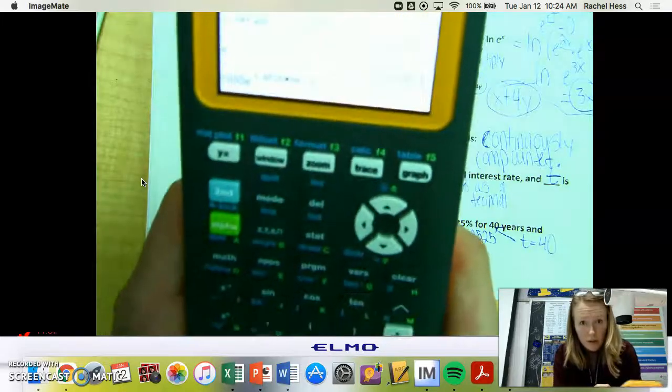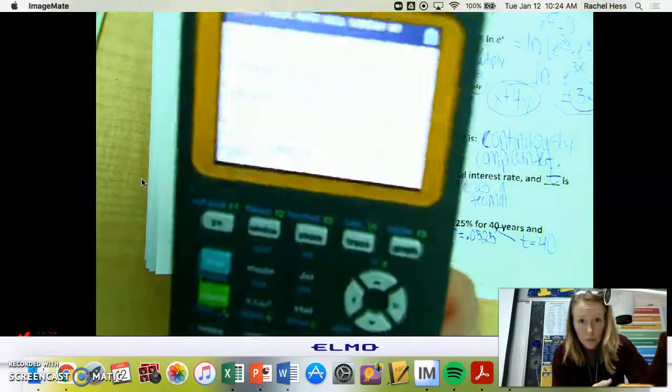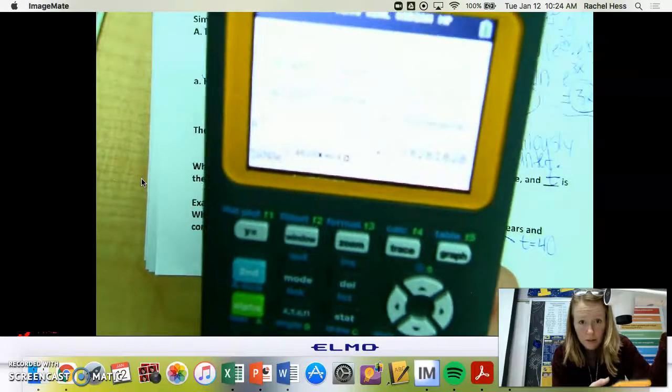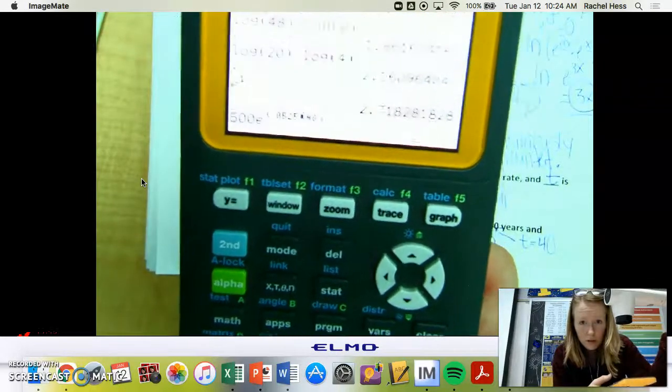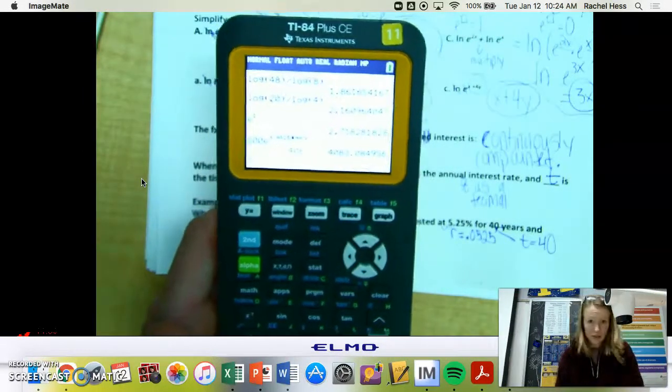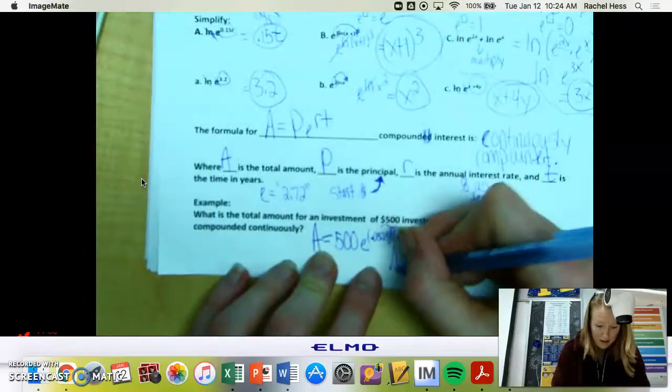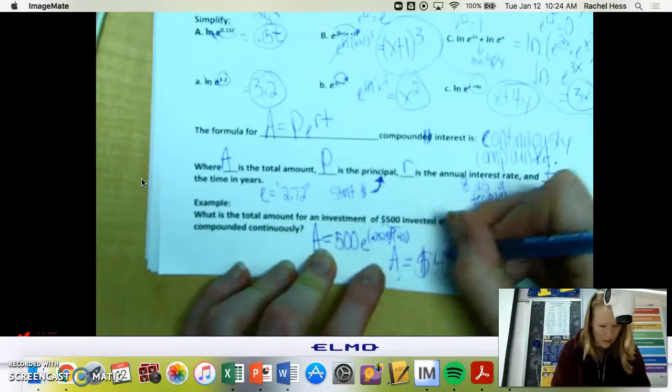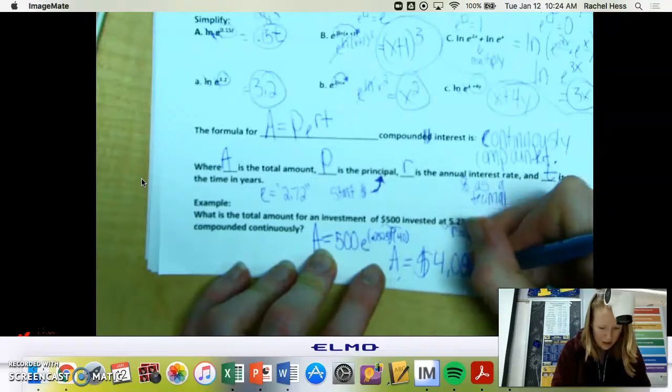So hopefully that works, or you can see that-ish. It's super blurry, sorry. But I just plugged in what I had in my equation, and I get my answer of how much is in my account after 40 years, and I got lots of money. I have $4,083.08.